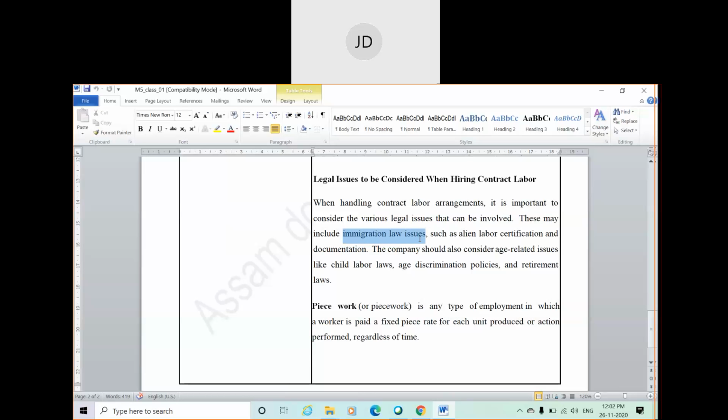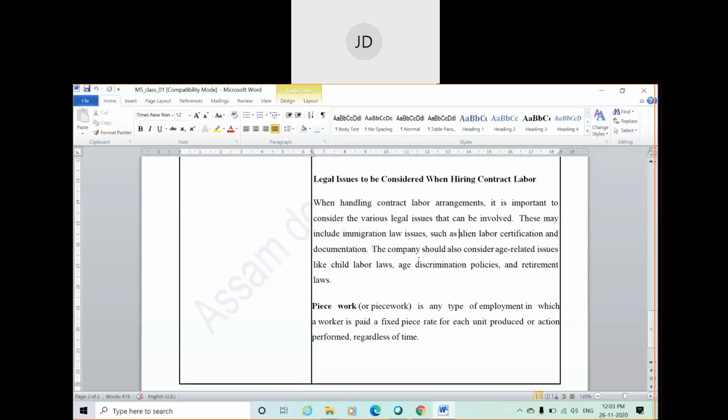If your labor is traveling across countries, there are immigration issues, such as an aligned labor certificate. That means between those two countries there must be some alliance, and a country must allow labor from the other country. So there must be some understanding between the countries, and this is called an alliance labor certificate and documentation.